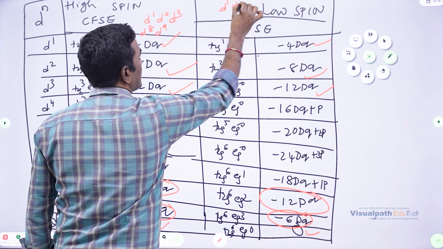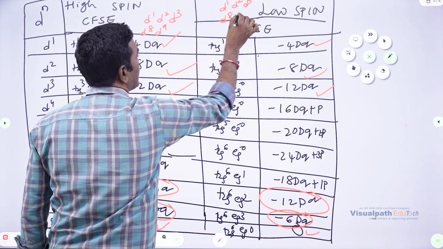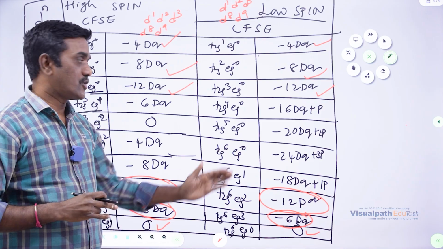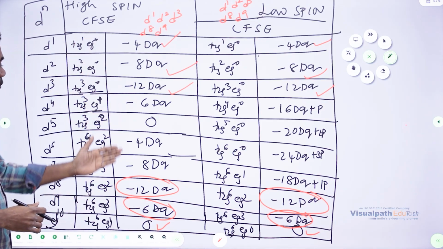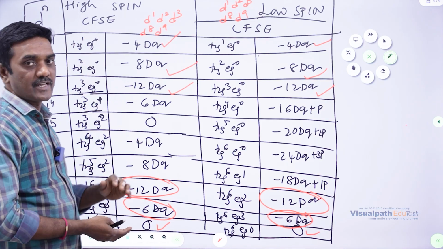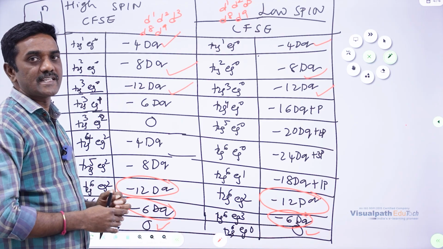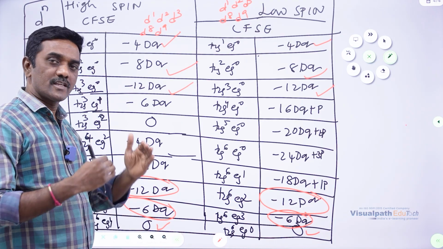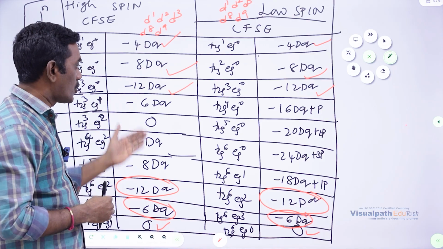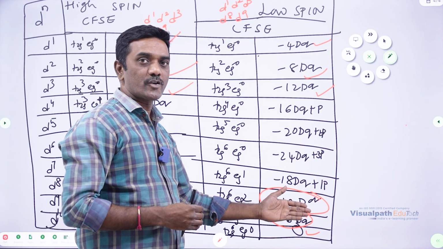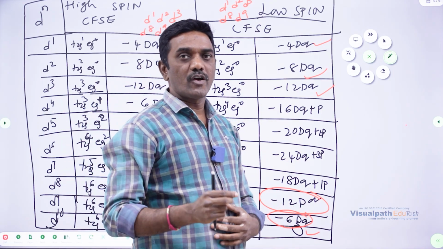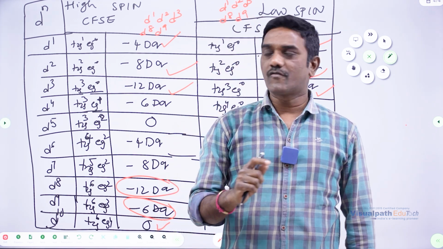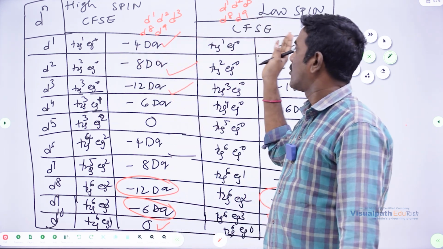In the case of low spin complex, we will not consider pairing energy because both will get cancelled, whether it is after pairing or before pairing, the pairing electrons will be the same. Here the pairing electrons will enter the picture. With this we have completed the CFSE calculation for d1 to d10 configurations in high spin and low spin complex.